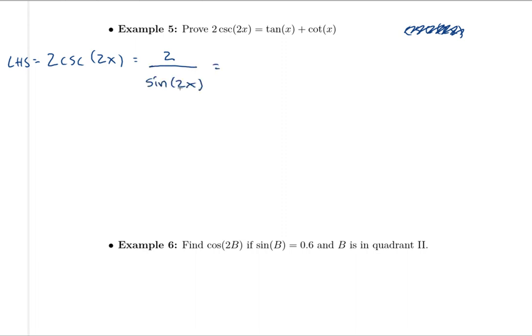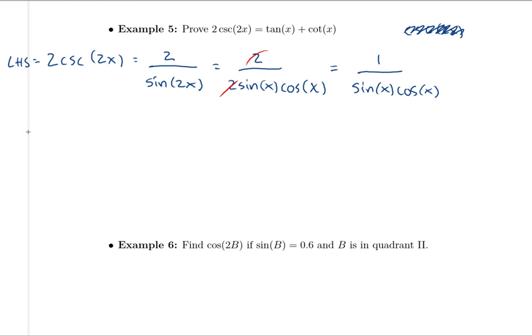And whenever I see that, I know that I can expand that out to 2 sine x cosine x, and then of course those 2's can cancel out. So this is 1 over the sine of x times the cosine of x. Now at this point, I'm really not sure how that gets me here, okay?